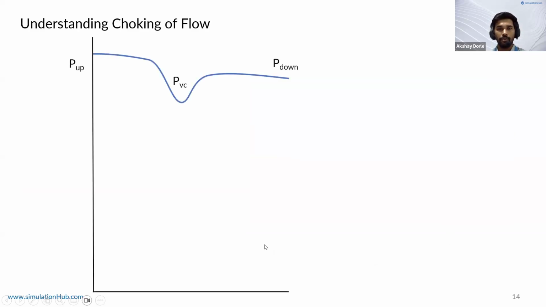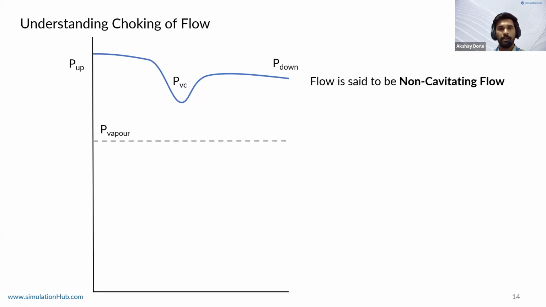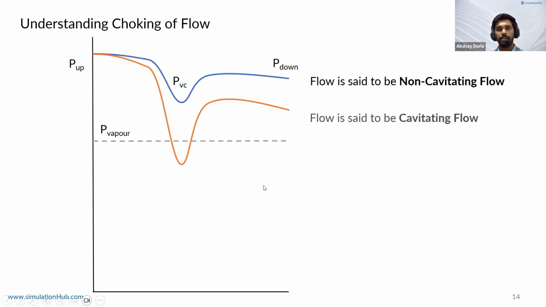So back to our choking flow condition. We saw that if the vena contracta pressure is well above the vapor pressure, the flow is not cavitating, everything is fine. Once the vapor pressure is crossed by the pressure in the domain, by the vena contracta pressure, and it regains its pressure back to the outlet pressure, we would refer to this as a cavitating flow.